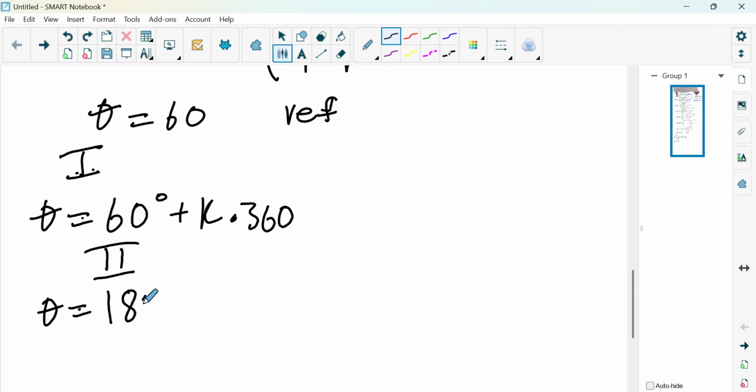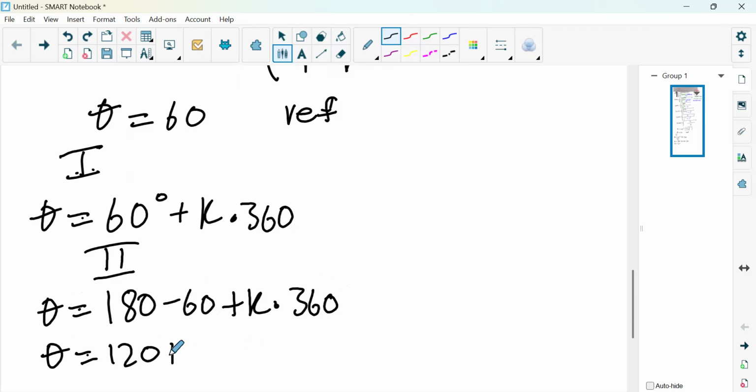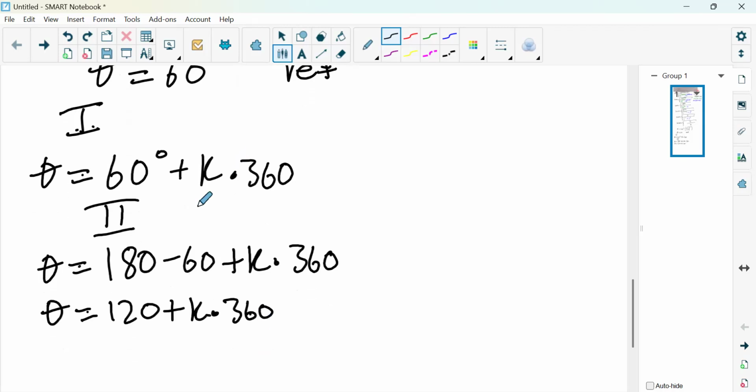So 180 minus 60, which is the right angle, plus k multiplied by 360. Theta is equal to 120 plus k multiplied by 360, where k is an element of all integers. Don't forget this, it's very important. You just write Z.